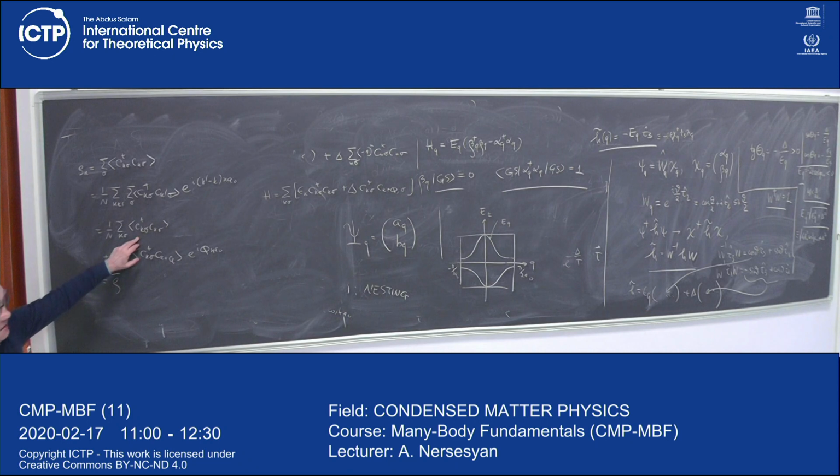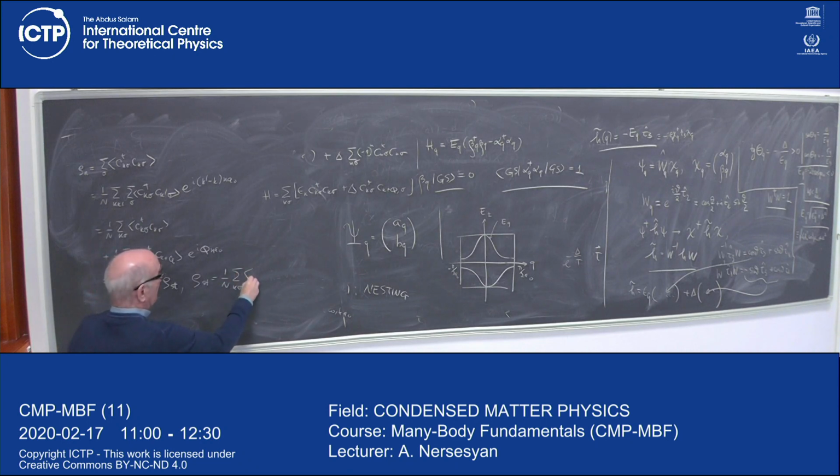But here I can find an additional contribution, because what is written here is minus 1 to the power of n, just precisely the alternating piece. And this I will multiply by the staggered component, where rho staggered is defined as 1 over N, sum over k, sigma, of the average c_{k sigma} dagger c_{k+Q sigma}.